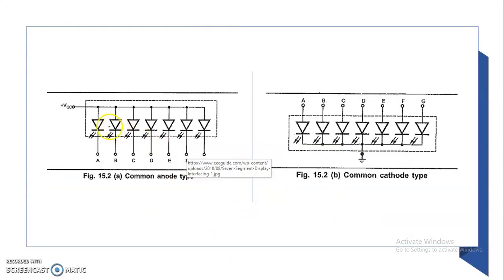As I told, it is nothing but LEDs arranged in 7 segments, that is a 7 segment display. In the common anode type, you all know that an LED has two terminals, one is anode, the other one is cathode.